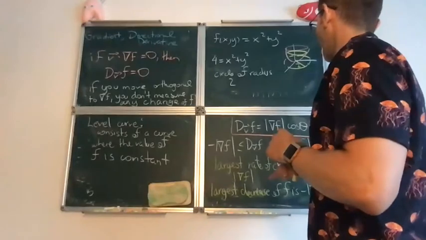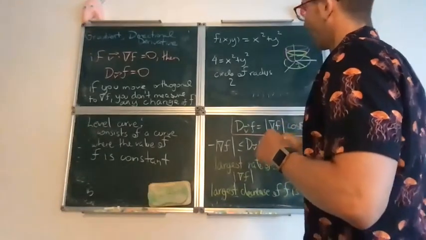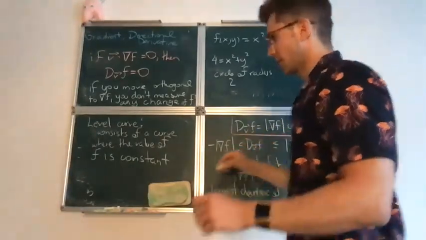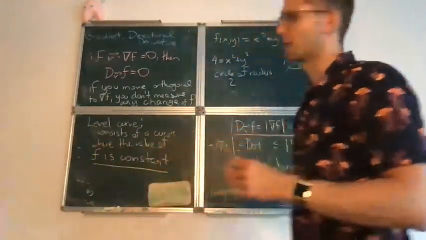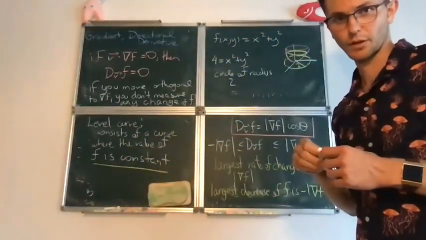And so, by definition, the value of f is constant on a level curve, right?